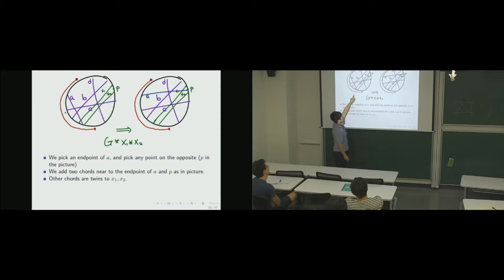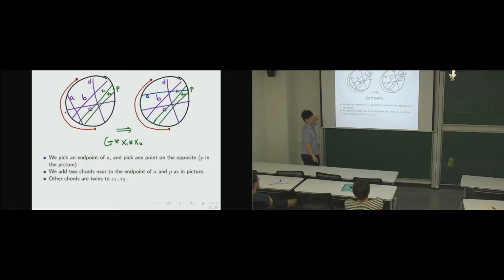Then you swap the orders inside of X2 reversely, and then you put this to the P. But then after applying X2 again, you can swap the right-hand part of X2 again, so that they are on the same side. So after applying these two operations, every other chord stays the same, but you just move A to there. Right?